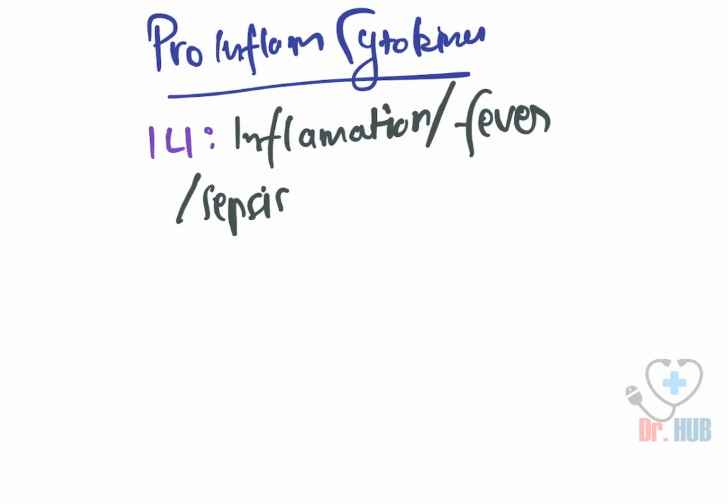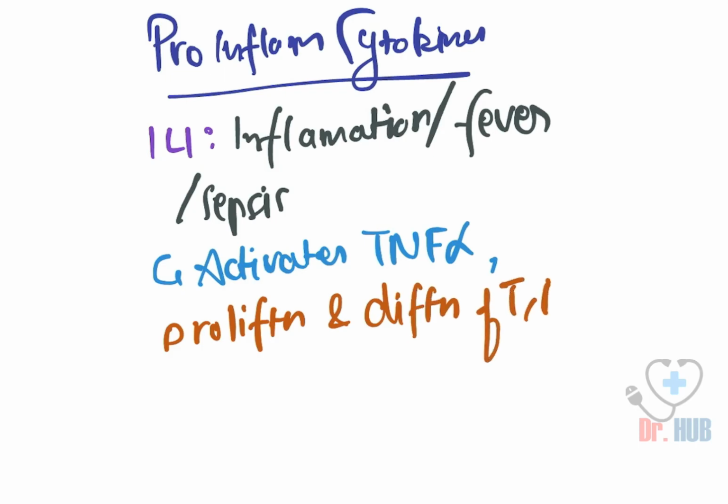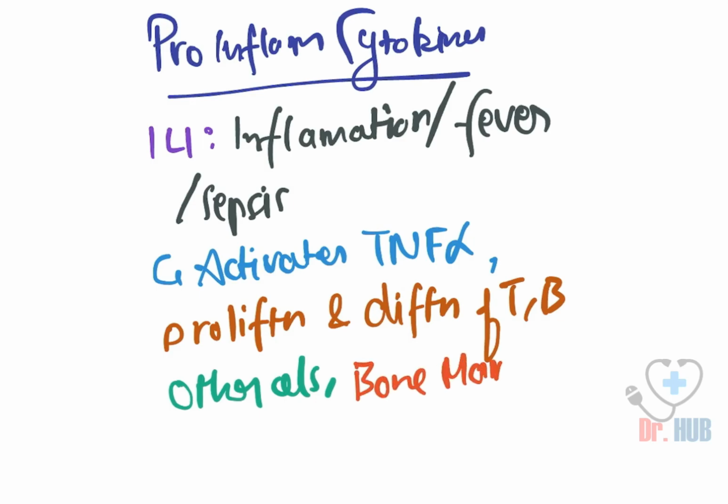And what interleukin 1 does is that it activates the TNF alpha, and it causes the proliferation and differentiation of the T and B as well as other cells. It also leads to bone marrow cell proliferation.